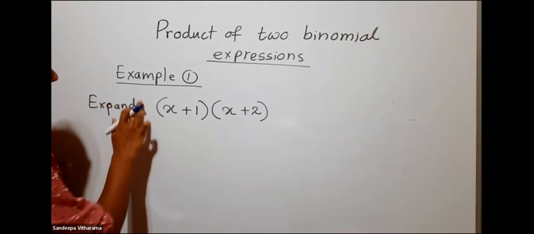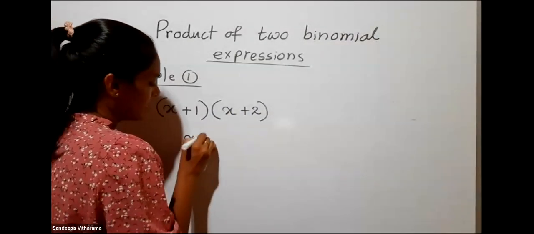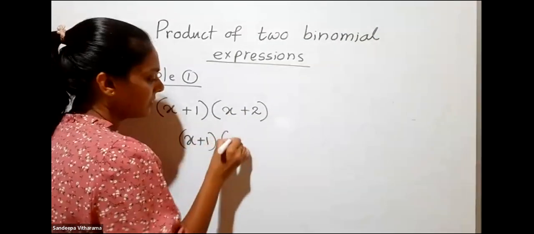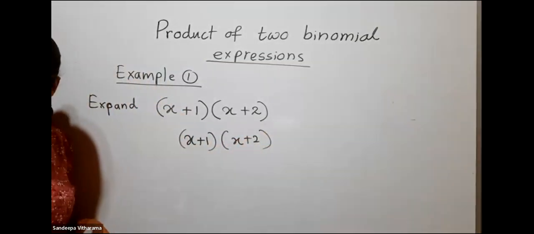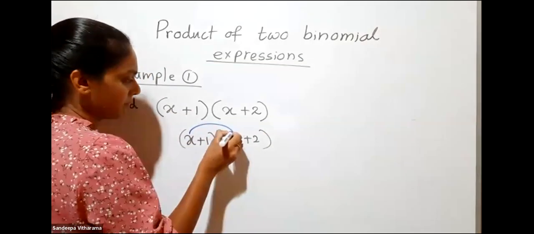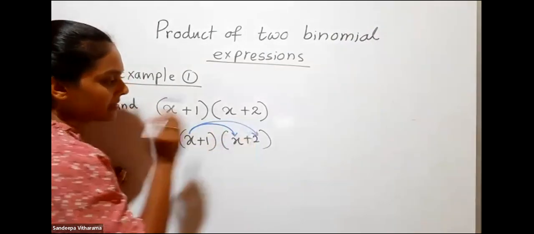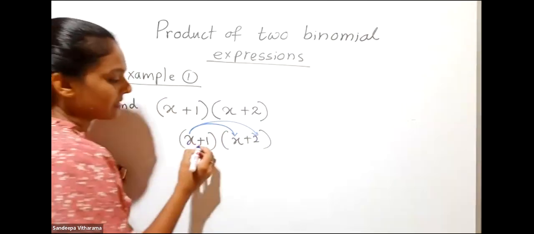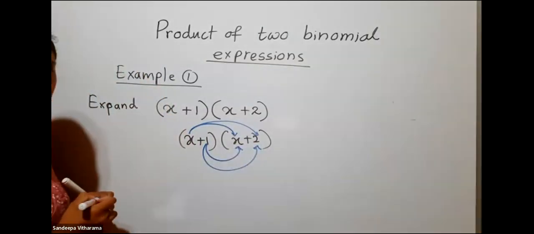Then what you have to do is always multiply first term by first term, then first term by second term. Next, second term by first term, second term by second term.